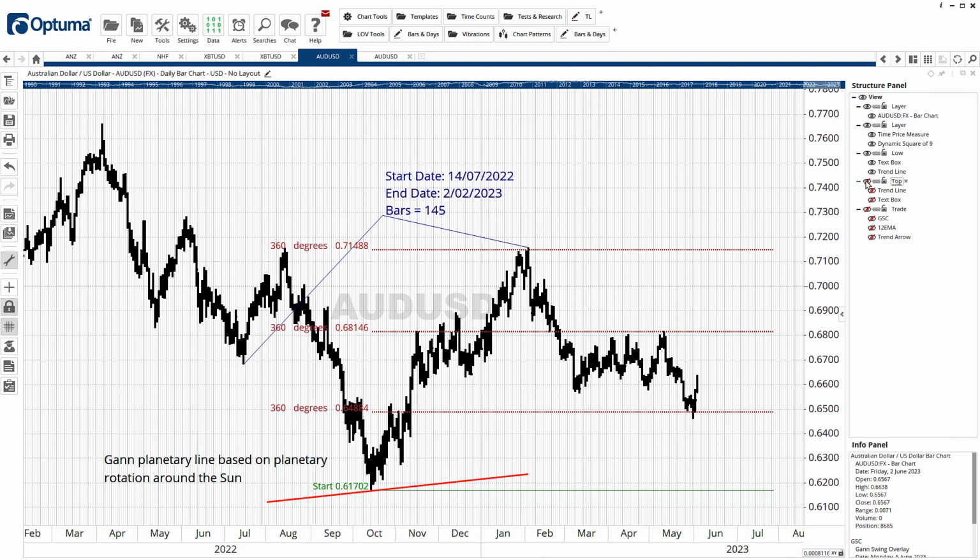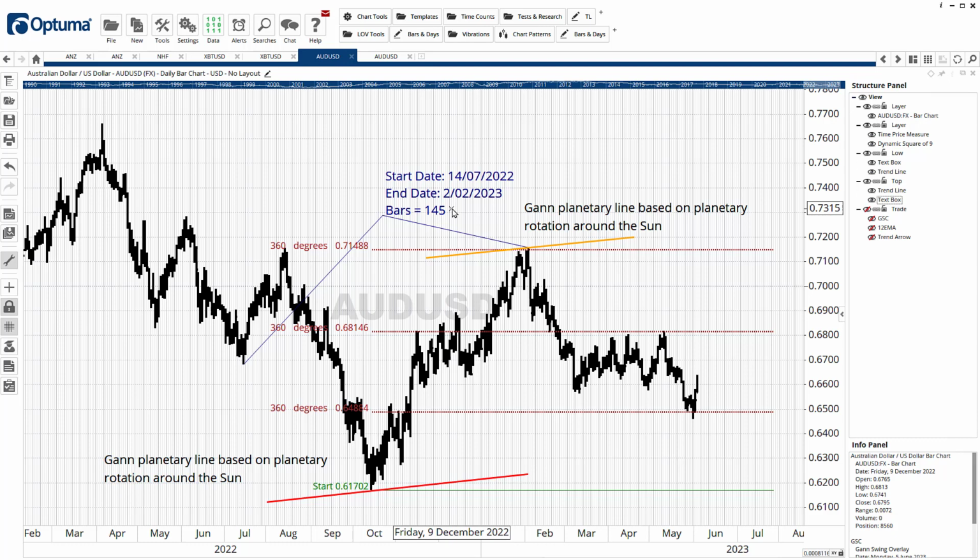What we can also see is that we get to the top, and you'll notice here again that the Gann planetary angle has created a resistance point, a different planet. Just calculating these angles, having them run for months or years in advance, watching what happens when it gets to it. But this particular area now is really starting to become very significant, because we've got a square of 9 tool telling us the market has a resistance point.